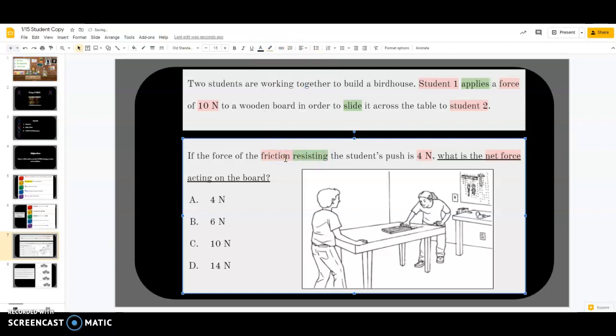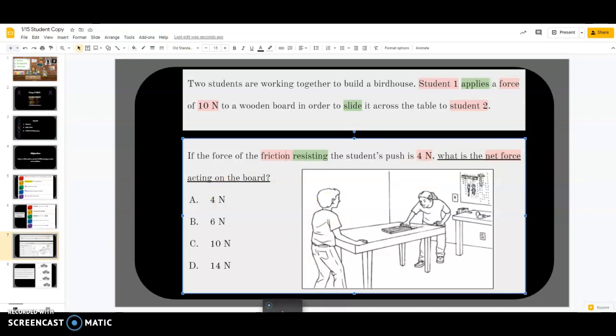It's an action word, and resisting means pushing back, fighting against. If someone were to hypothetically kidnap you, you probably want to push and fight back, so you would be resisting. And then my last highlight, let's see, what is the net force acting on the board. All right, I am now done with green.